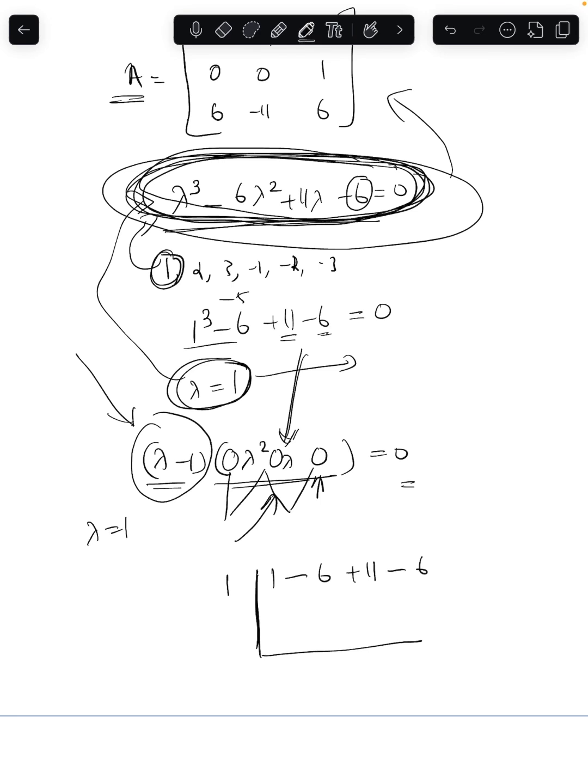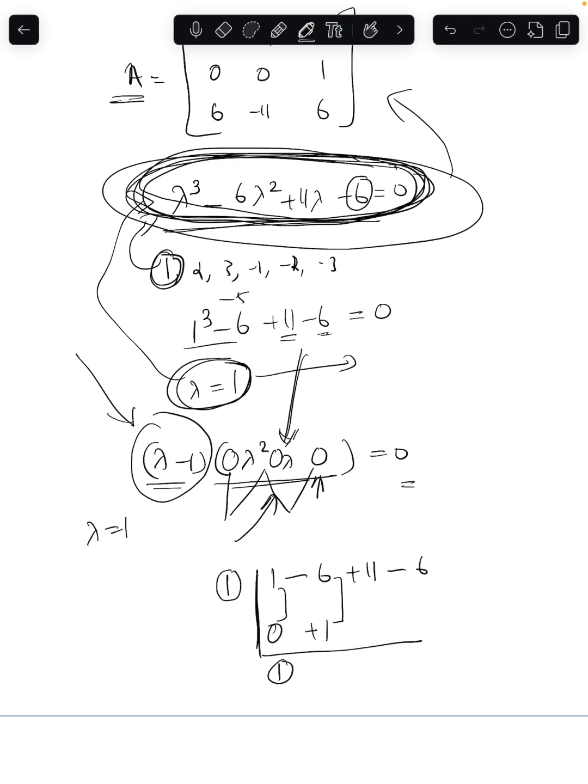Now I put a 0 here. Then I add these two numbers, 1 plus 0 is 1. Next I multiply 1 and 1, that is plus 1. I write its product here.